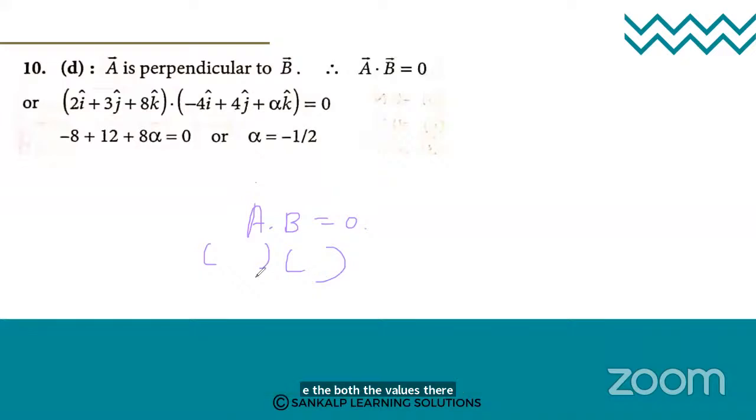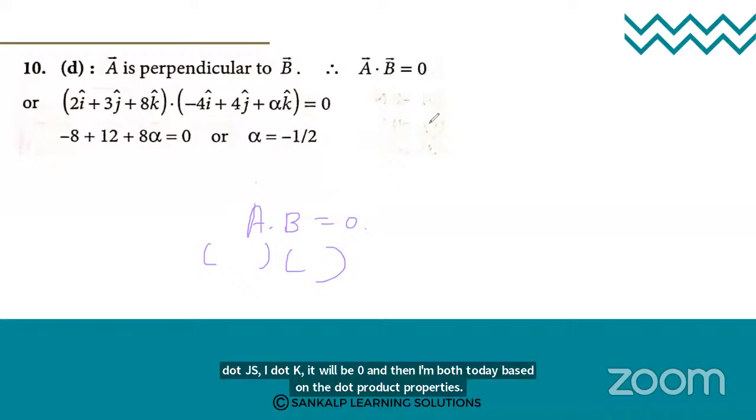So once you write the values, as we know, I dot I, J dot J, K dot K will be 1, but if you do I dot J or I dot K, it will be 0, based on the dot product properties.